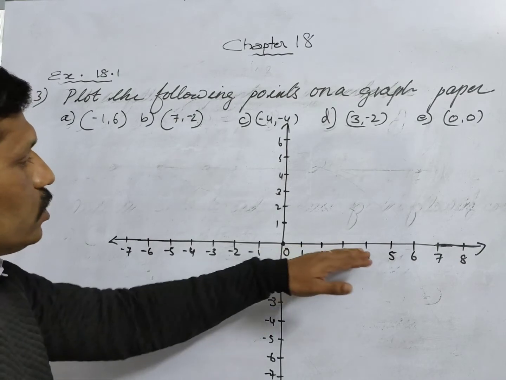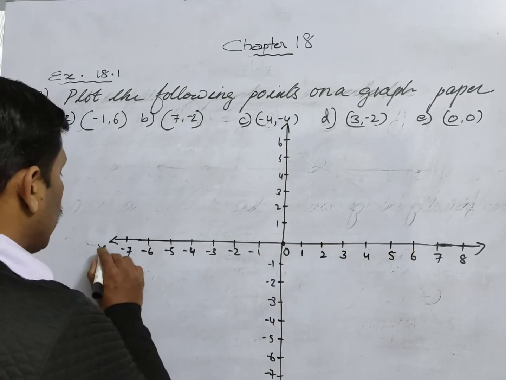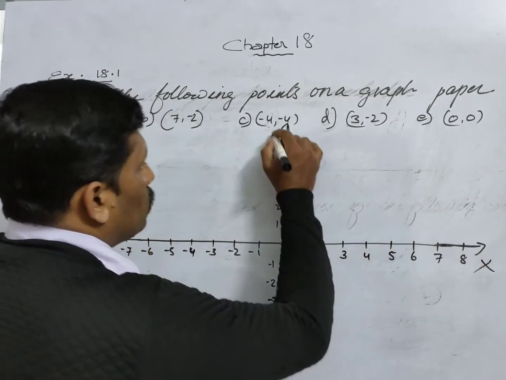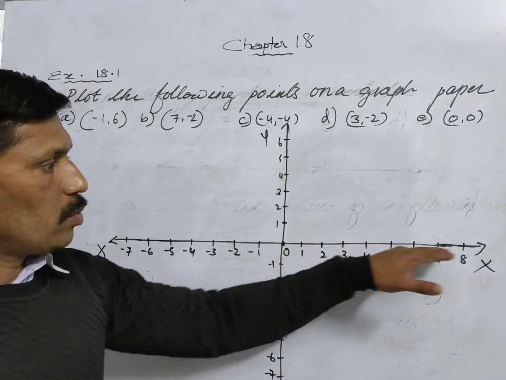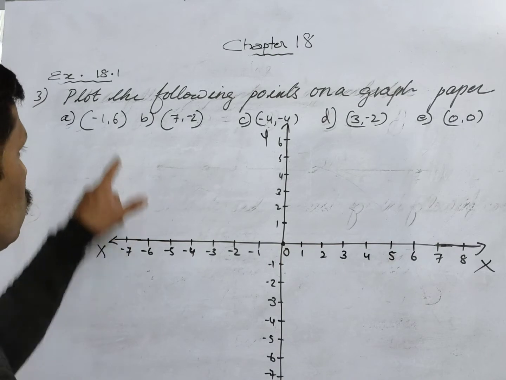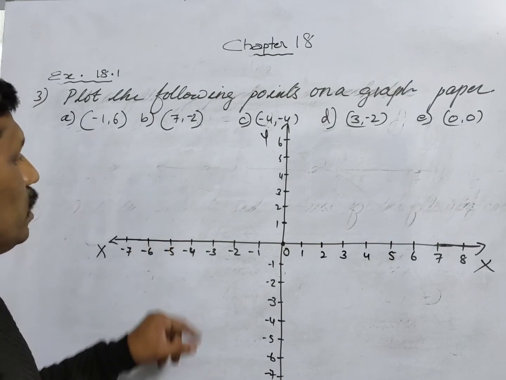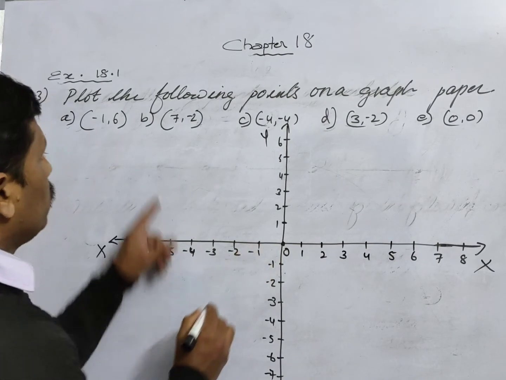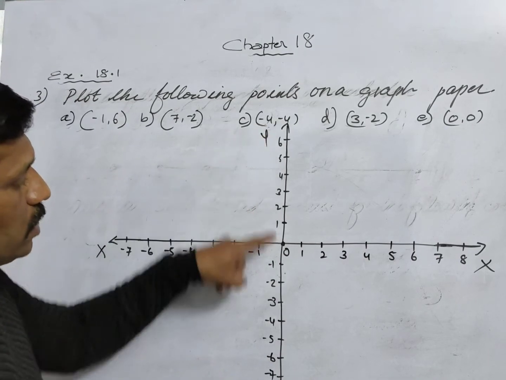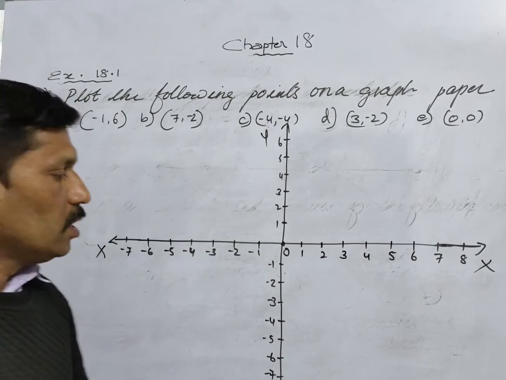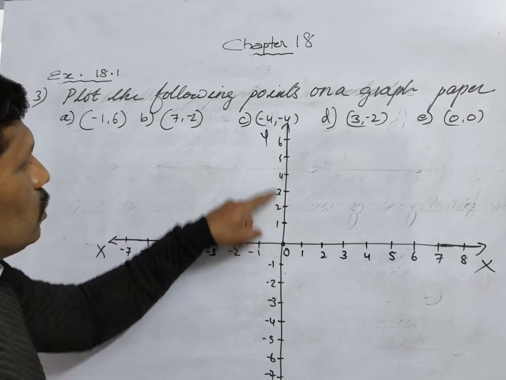You know that this is the x axis and this is the y axis. This is the positive side of x and this is the negative side. So if the x coordinate is -1, it will be here, and the y coordinate is positive 6. This is the positive part of the y axis and this is the negative part. So positive 6 comes here.